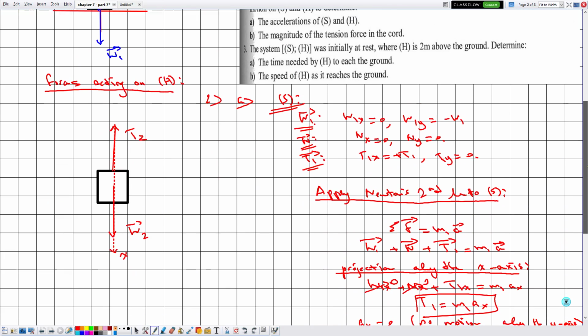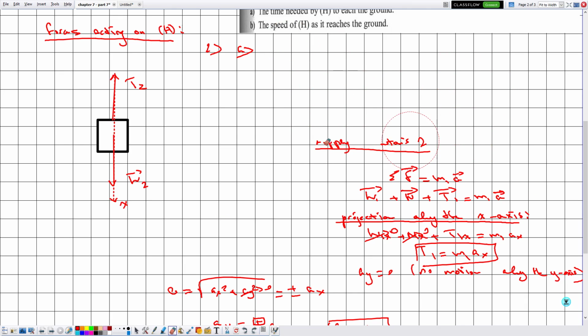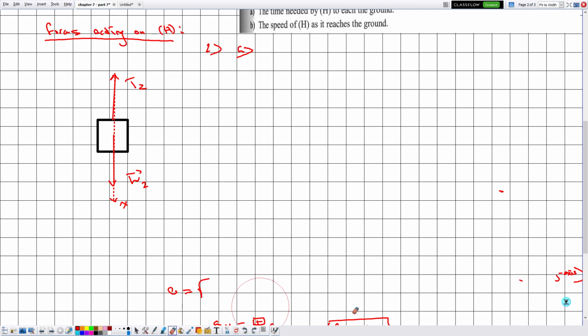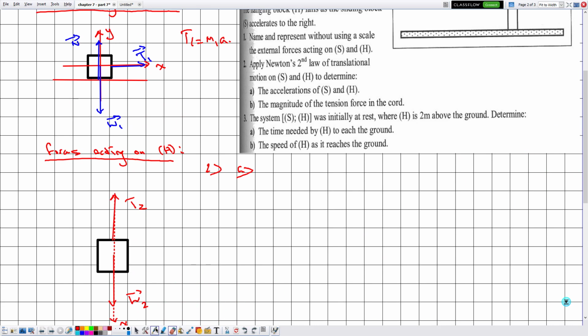Now we will repeat the same steps but for the hanging mass. We are still in part 2a. So now let me represent the forces acting on the solid H. We have W2x equal to plus W2, W2y equal to 0, this is the vector W2.